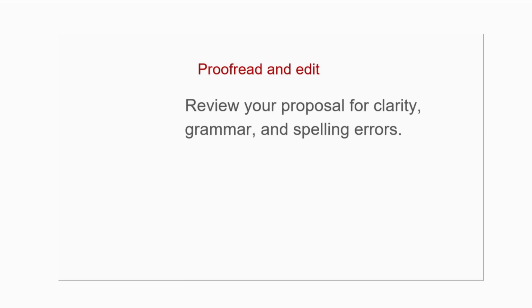Usually, proposals that have grammar and spelling errors are considered not to be up to the standards. So ensure that you use the right tools. We have free tools like Grammarly, and we have the Microsoft Word spelling and grammar checker. So you can make use of those tools.